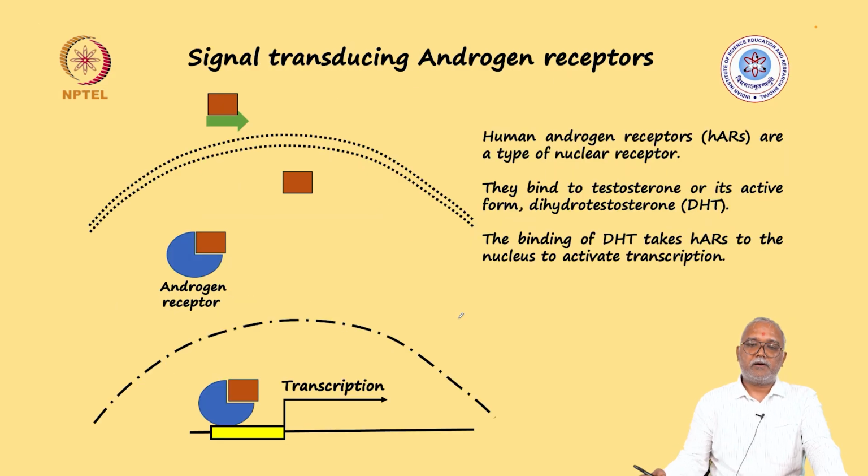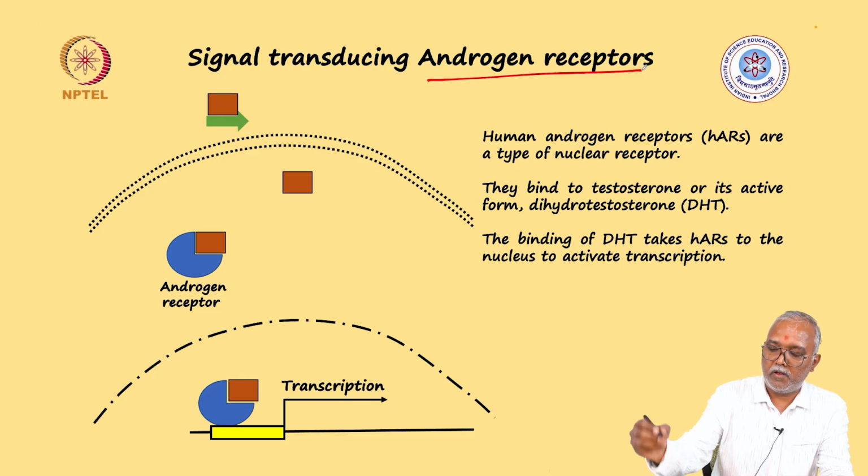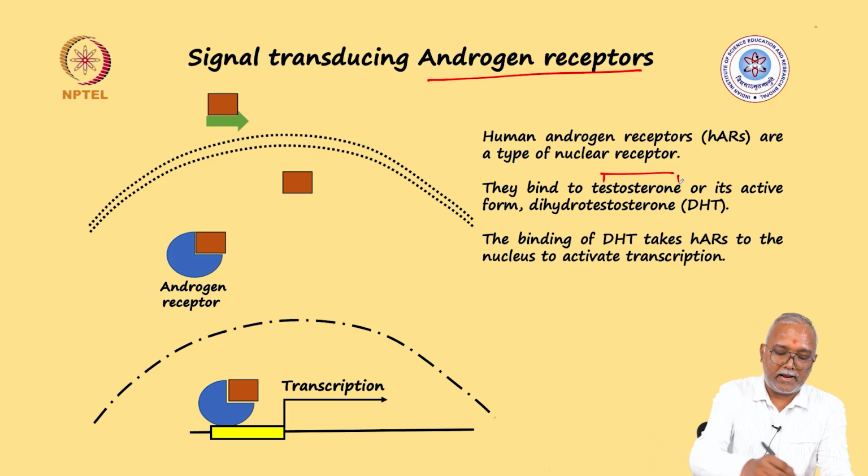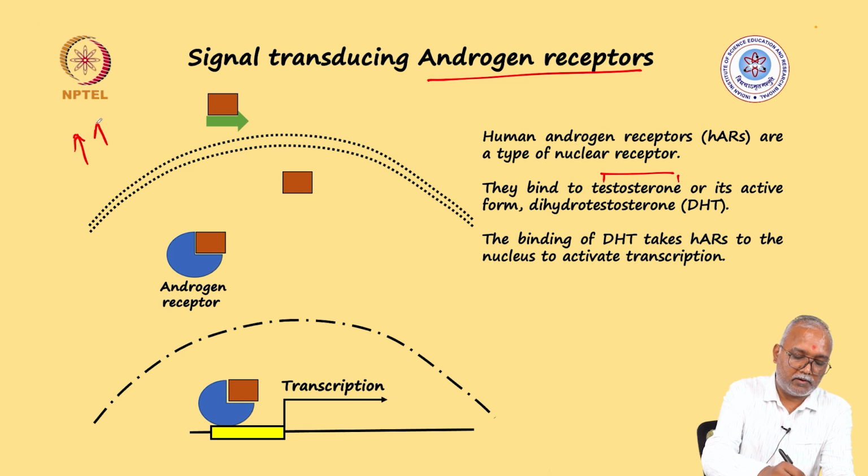The other receptor which works in a very similar way is the androgen receptor, which actually responds to the hormone called testosterone. We know that males have more testosterone, and this is also a steroid type of hormone.